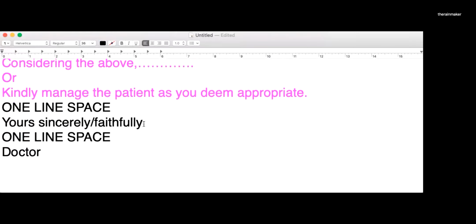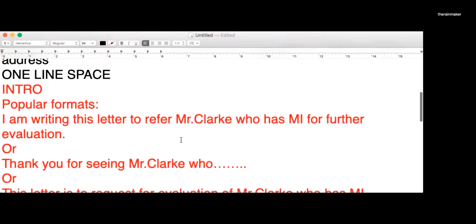If you use any punctuation at the top, either a comma or a colon, you have to put a comma here. Any punctuation used in that section at the top will have a comma at the bottom. If you have nothing, this will have nothing. Do you understand? Yes. Okay. So this is the thing I need to tell you.